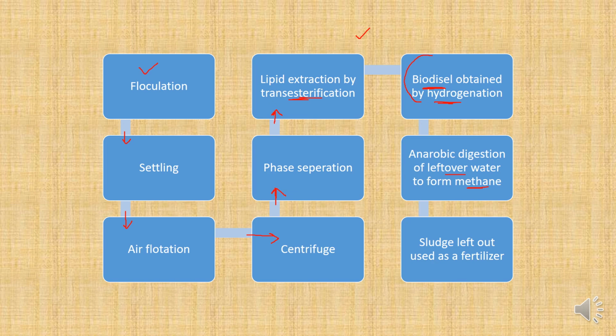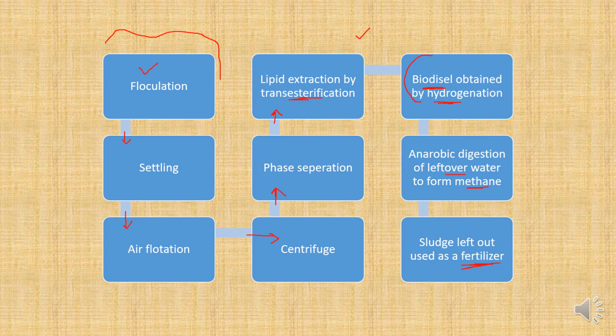And the leftover slurry, that is the sludge matter, is used as a fertilizer, because that sludge matter contains minerals. So this is the entire process of algal biodiesel production.